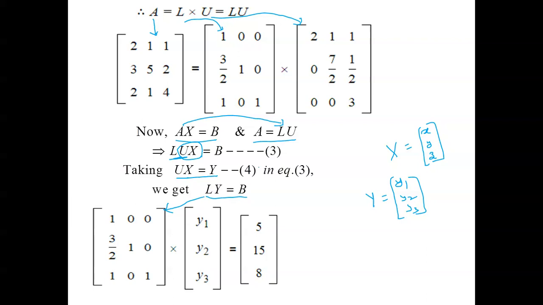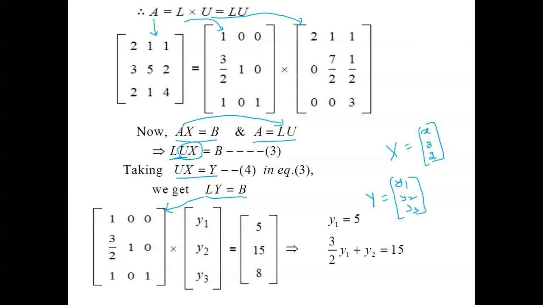Now we multiply the two matrices on the left hand side. So 1 into y1 plus 0 into y2 plus 0 into y3 equal to 5. So y1 equal to 5. In the second row, 3 by 2 into y1 plus 1 into y2 plus 0 into y3 equal to 15.